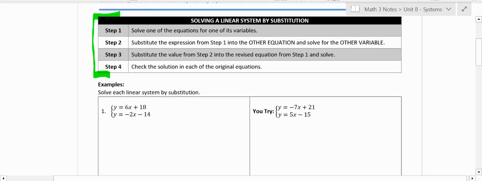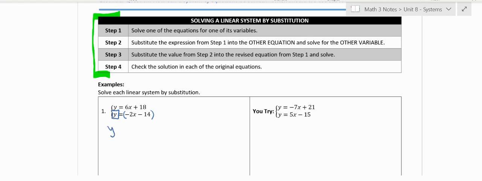So in the first example, this one is actually pretty straightforward. We have two equations that are both y equals. We're going to pick one of these two equations, either one, because they both are y equals. And what happens is we're saying, like for the second one, for example, that y is equal to negative 2x minus 14.